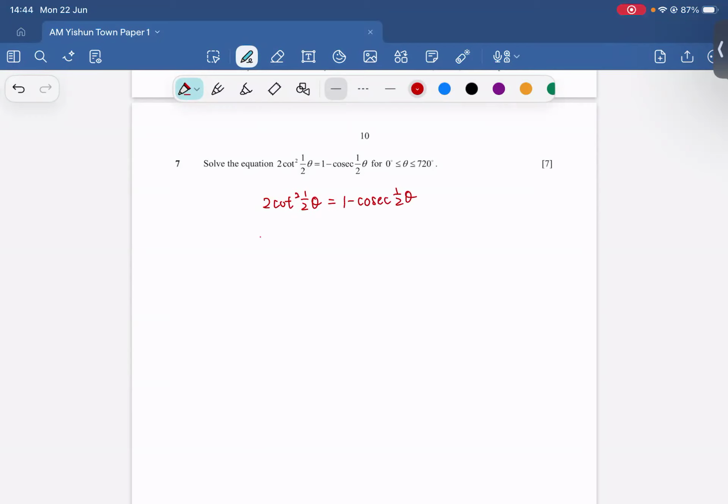Okay, so cotangent square half theta, you go and look at your formula sheet. You will know that cotangent square is just equal to cosecant square half theta minus 1. Now we multiply the 2 inside.